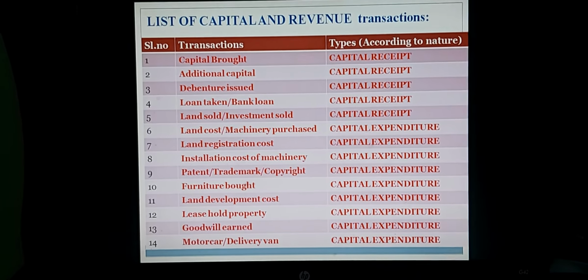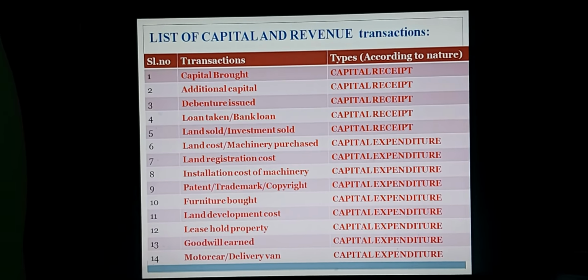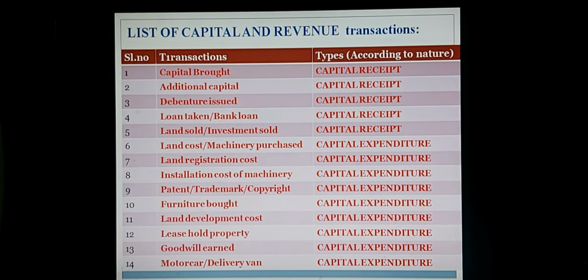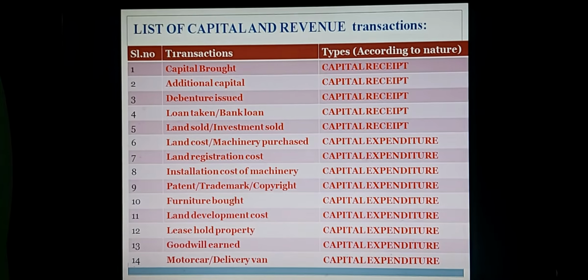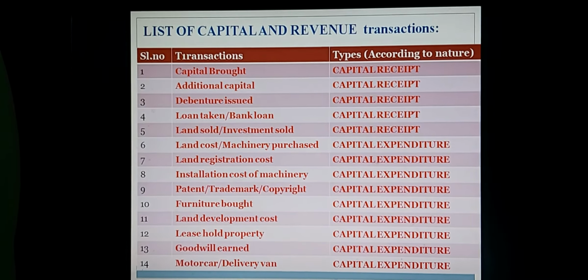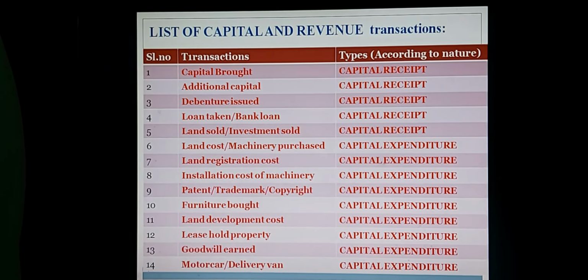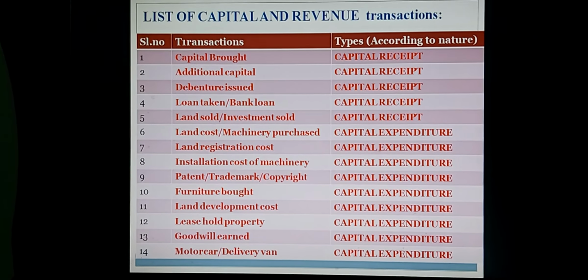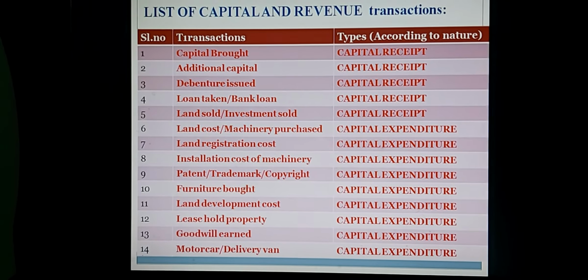Second one, additional capital. Question, what type of transaction? Answer is the same, capital received, as capital brought. It will be used in business for several years and has to be returned to the owner. Third one, debenture issued.